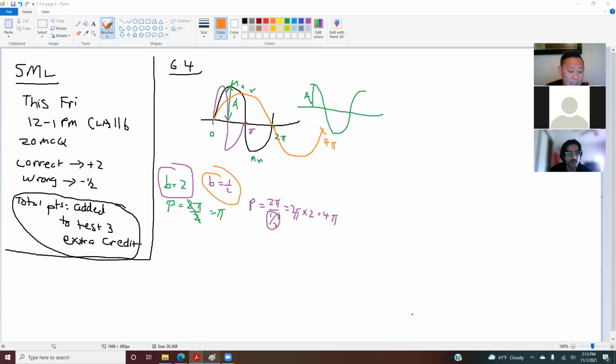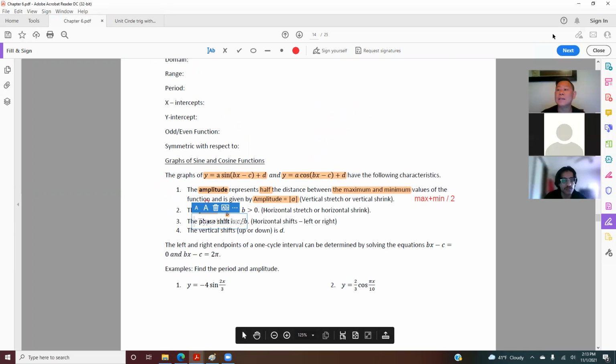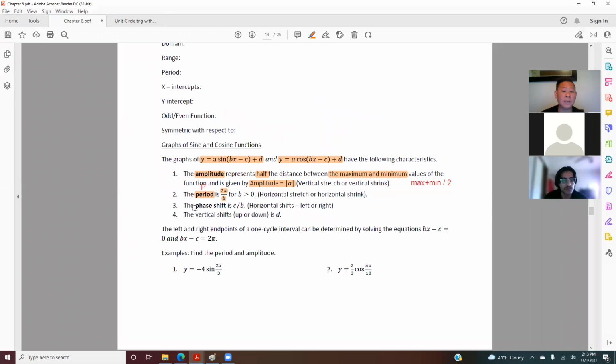Next, the next piece of transformation we're going to talk about is phase shift. Phase shift is where you take c divided by b here. Make sure you know that if you look at the formula here, your c is negative inside. So if your c here is positive, then your c is negative.